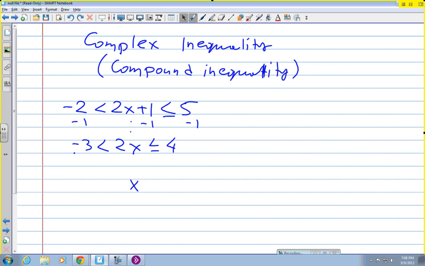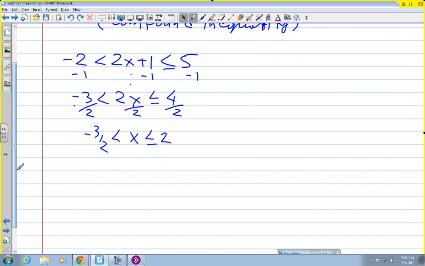And then, in order to get x by itself, divide by 2 all the way across to get negative 3 halves less than x less than or equal to 2. So if that was a negative 2, would you switch the signs on both? Yeah, they'll all flip, and you would actually have to rewrite it in a more convenient way, but yes.